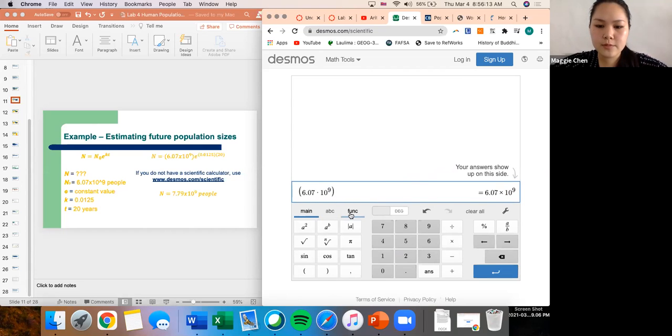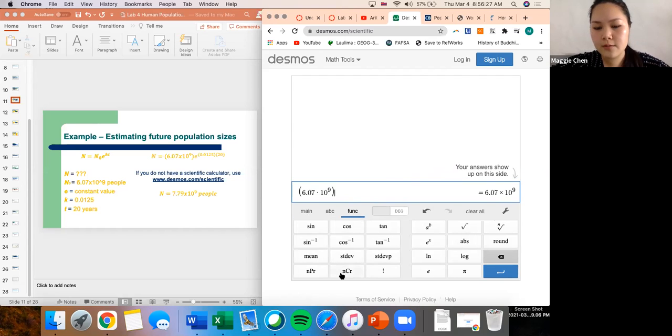And if we're going to put in e, on this main setup for our Desmos calculator, there's ABC where you can put in different letters, but there's also this function tool. When you click on that tab, there's this e function that's going to fill that in for us, and it'll give us the exponent of whatever we want.